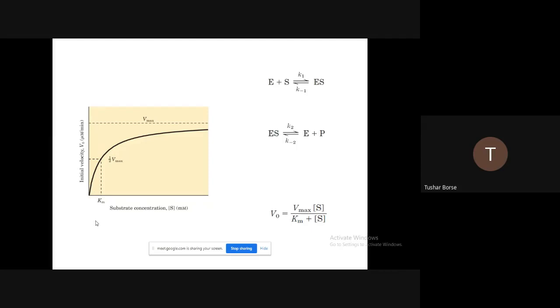But as you go on increasing the substrate concentration, what is happening? You may come across a stage where the enzyme concentration and the substrate concentration are equal. Fine. So if you move further, what you see is a change in the nature of the graph, that you are getting a bending at this particular stage.